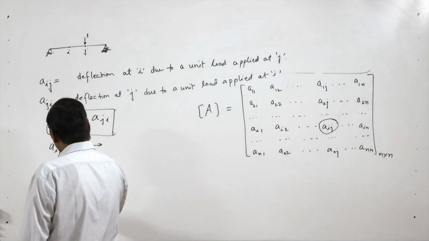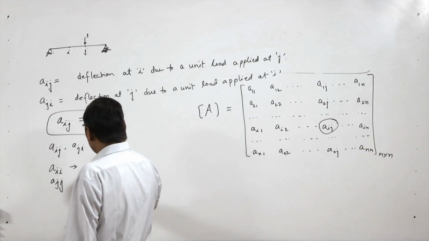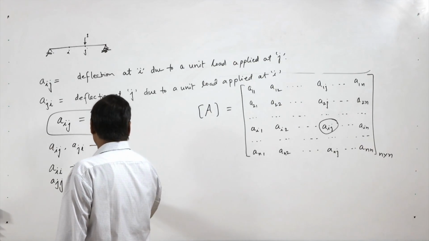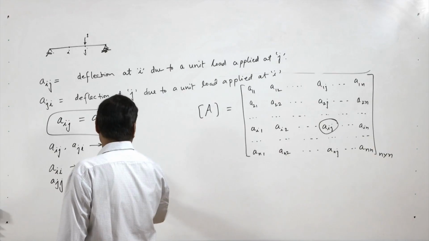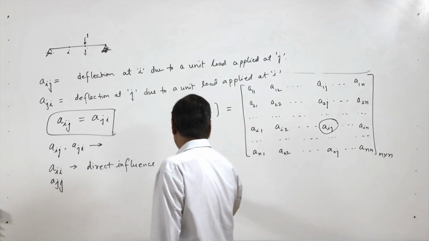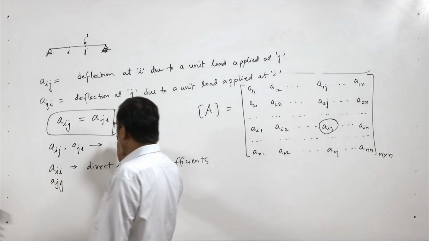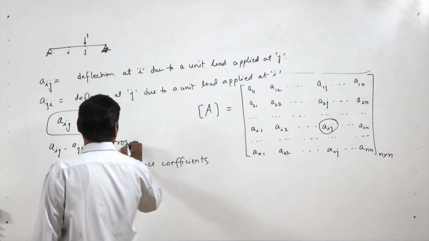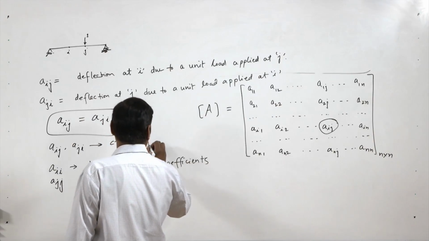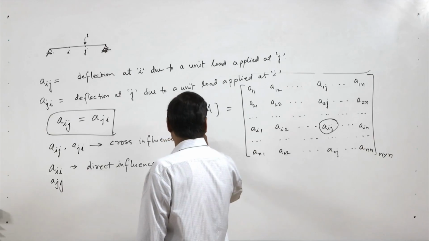So A ii or A jj, these are called the direct influence coefficients, and these are called the cross influence coefficients.